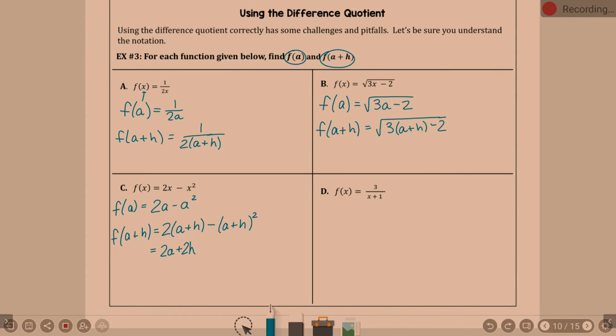First of all, a plus h squared means we're going to have to FOIL. On top of FOILing, though, we're also subtracting the quantity. What's my first terms? a times a is a squared, so we're going to say minus a squared.